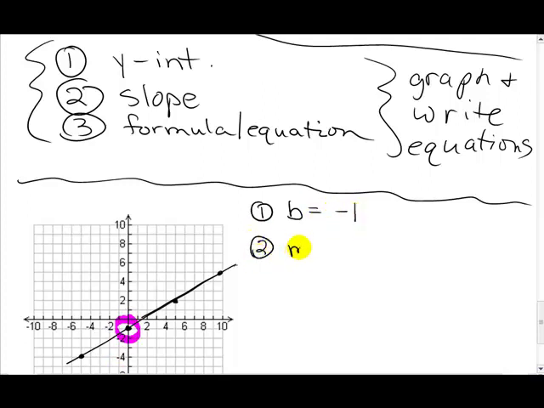Number 2, I need the slope. The slope from point to point. Create your triangle. Then count. I've got 1, 2, 3. That's my rise. 1, 2, 3, 4, 5. That's my run. Everything's going up. So it's 3/5.